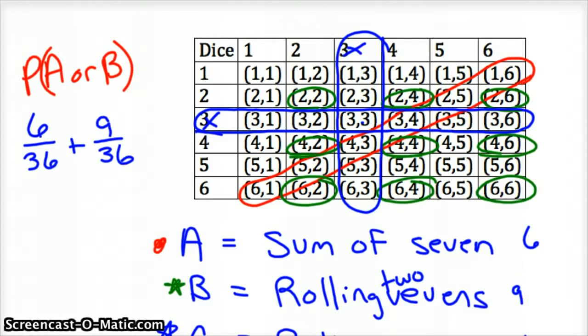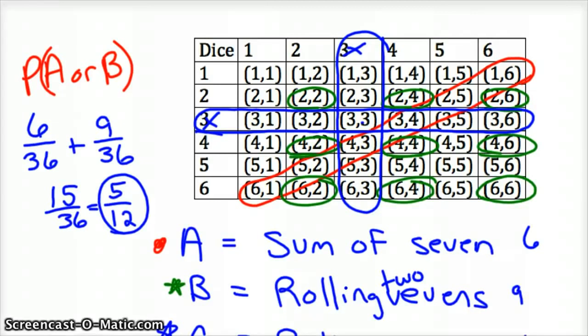And so you add that together and you got 15/36. This is the probability there. That would reduce, you can take a 3 out and that would be 5 out of 12. So that's your probability of rolling a sum of 7 or rolling 2 evens.